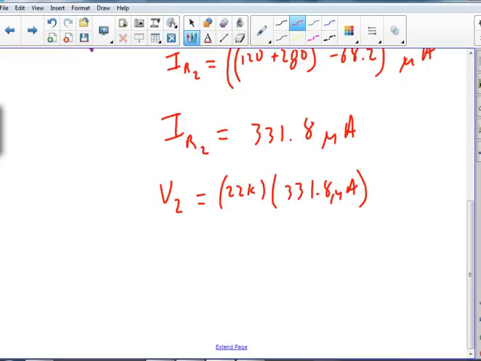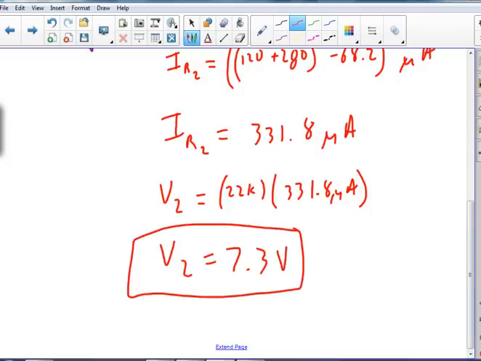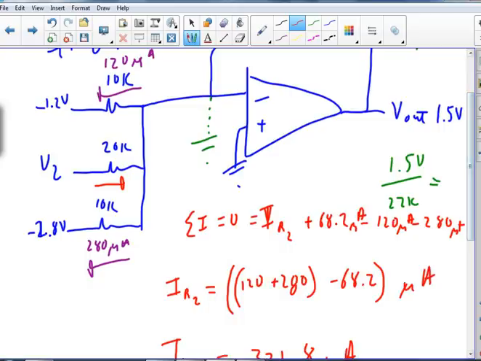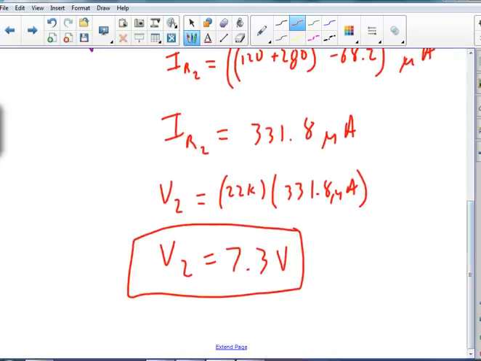So 22E3 times 331.8E-6, 7.3 volts is what I'm going to have at V2 in order to have 1.5 volts coming out of this operational amplifier.